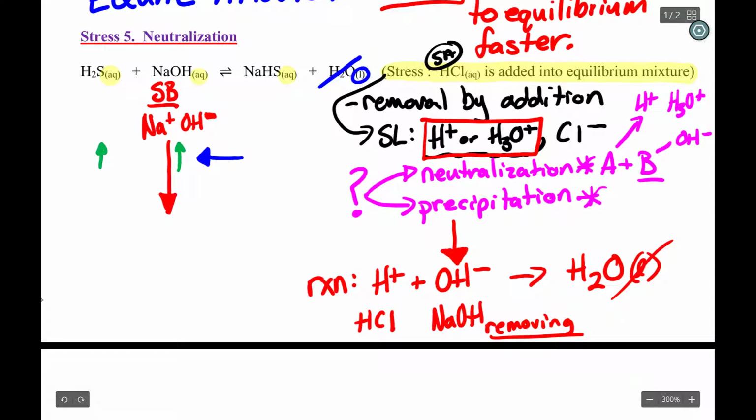And of course, the product concentration must decrease. Whichever side I shift towards, my concentrations increase a bit. Whatever side I shift away from, those concentrations are going to go down. So I call it removal by addition. I removed sodium hydroxide through the addition of hydrogen ions.